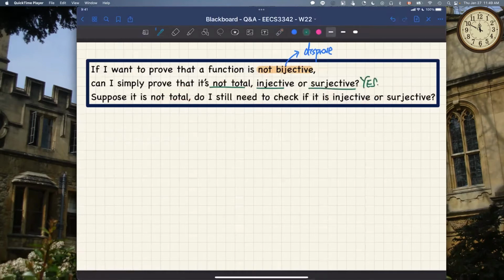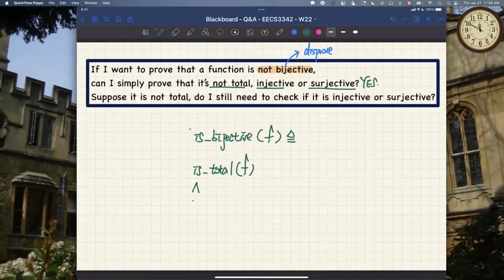The reason is, if a function f is bijective, by definition, that means f is total, right? You know what the definition is for total, so I'm going to leave you to that.